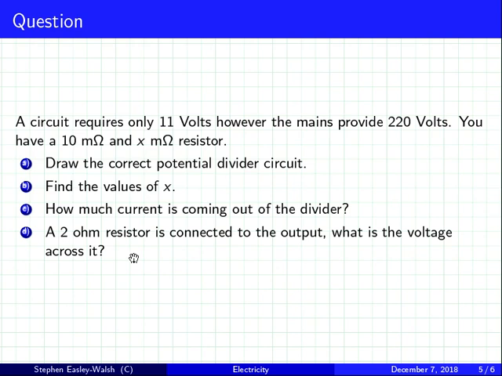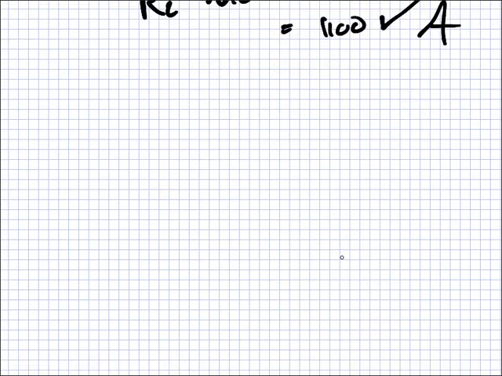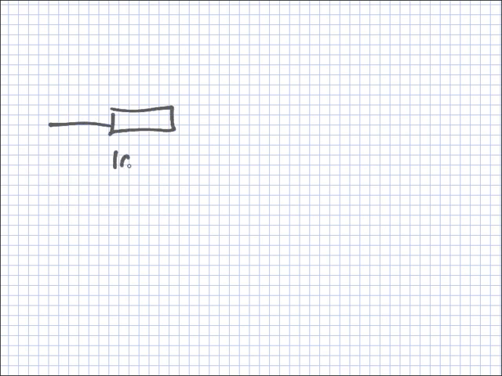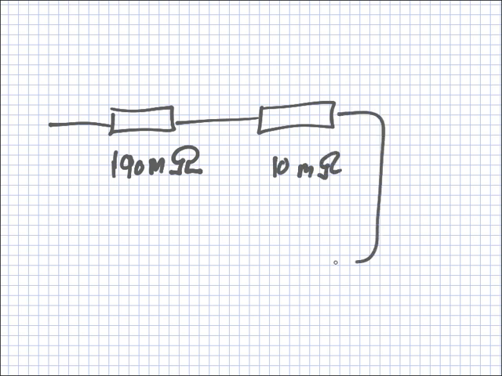A 2 ohm resistor is connected. What is the voltage now? So I'll just draw our picture. This one here we said is 190 milliohms, and this one here was 10 milliohms, and this one here is 220 volts.